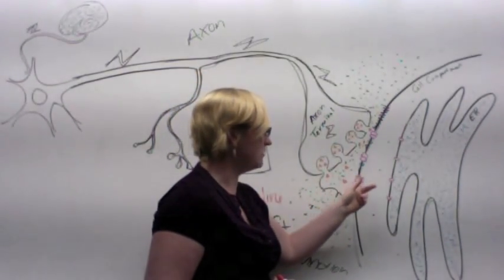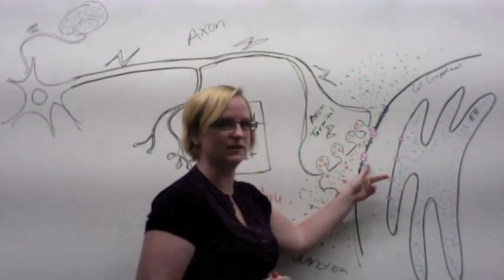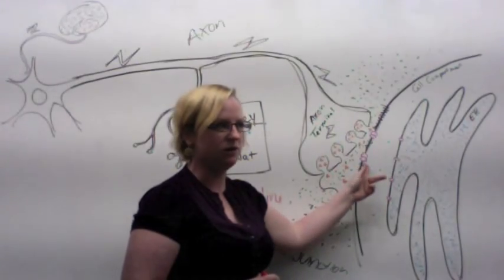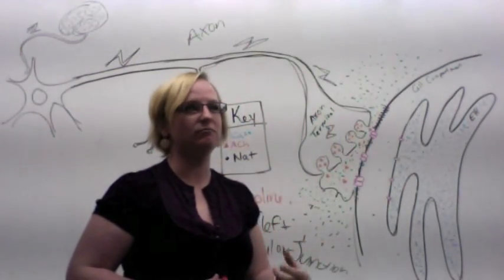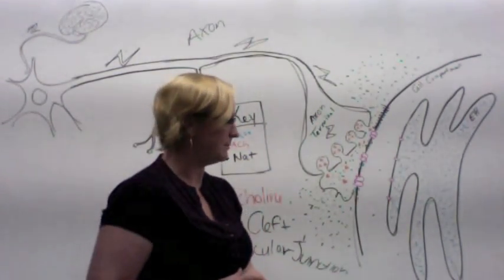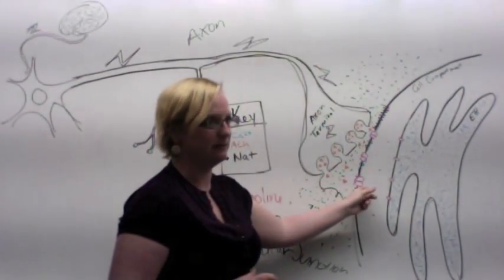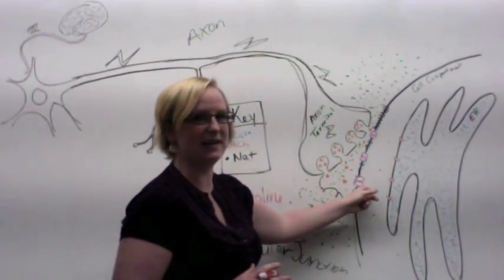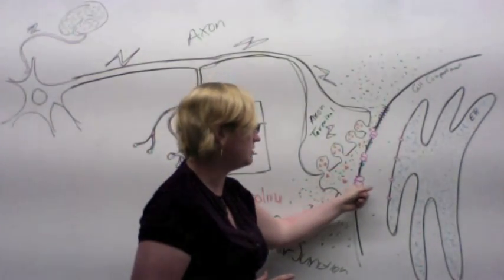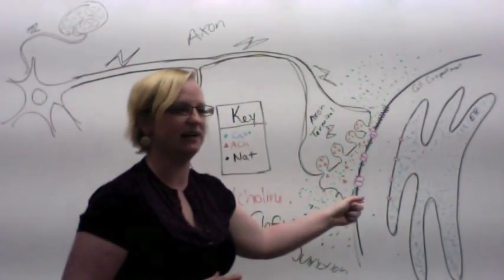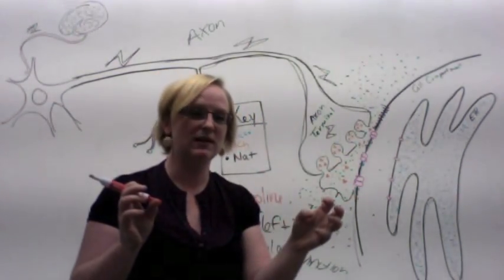What happens downstream varies depending on the type of receptor, but in the case of a muscle cell, if you have an acetylcholine receptor, what happens when the acetylcholine binds is that the receptor opens and allows ions to flow in.